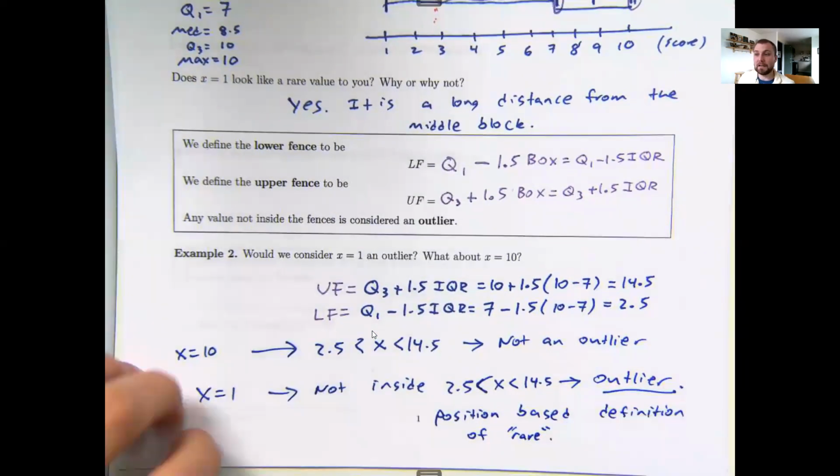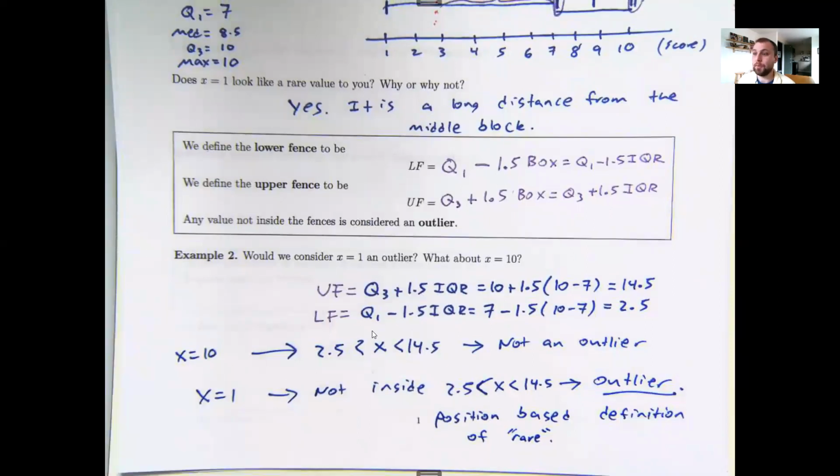If you're defining the center using the median, you have to use the 5-number summary to talk about the spread. If you're using the 5-number summary to talk about spread, you have to use this terminology of outlier and not an outlier to describe rare and unrare events.